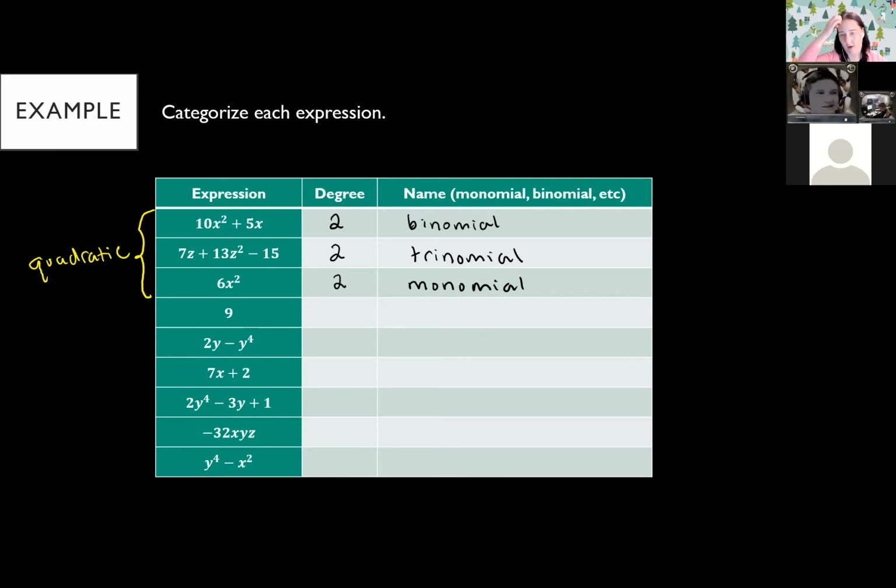Quad makes you think 4, like a square with 4 sides, and that's why it gets the name quad, because these are squared things for the degree.